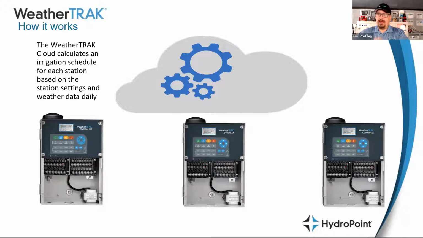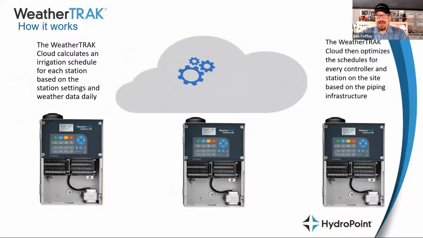All of the systems still operate. So you still get all of the beauty of the WeatherTRAK, weather-based irrigation, deciding what days we need to irrigate and all of that. Before irrigation, all of those controllers collect what needs to water and load that up into the cloud. And then in the cloud, we create an optimized program that tells each controller exactly when it needs to fire.